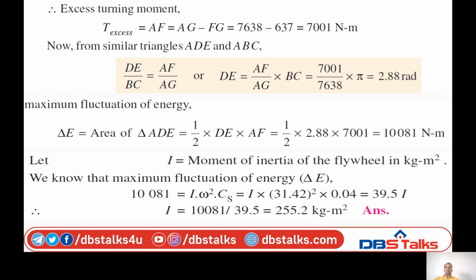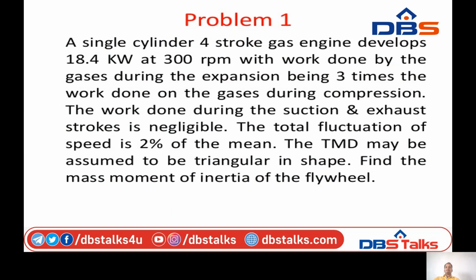By substituting all the values, we get I as 255.2 kg meter square. Finally, what is required is the moment of inertia I value and how much excess energy is required.